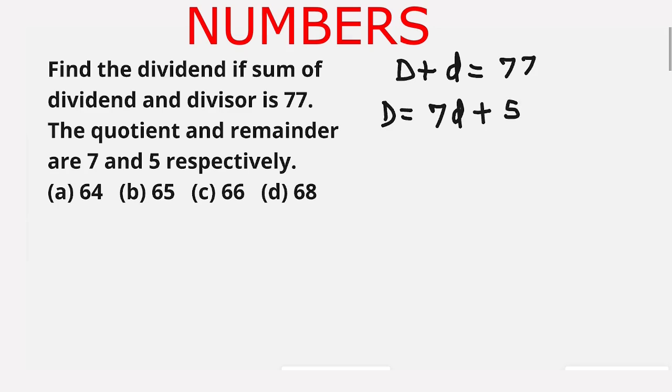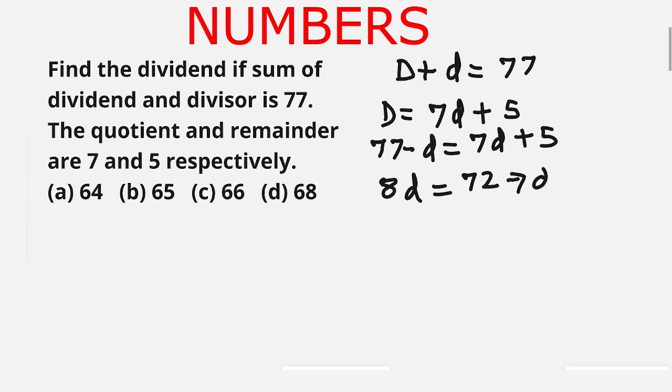Now we put the value of dividend, which is 77 minus D. So we write here 77 minus small d, which is divisor, equal to 7D plus 5. 7D plus D is 8D, equal to 77 minus 5 is 72.